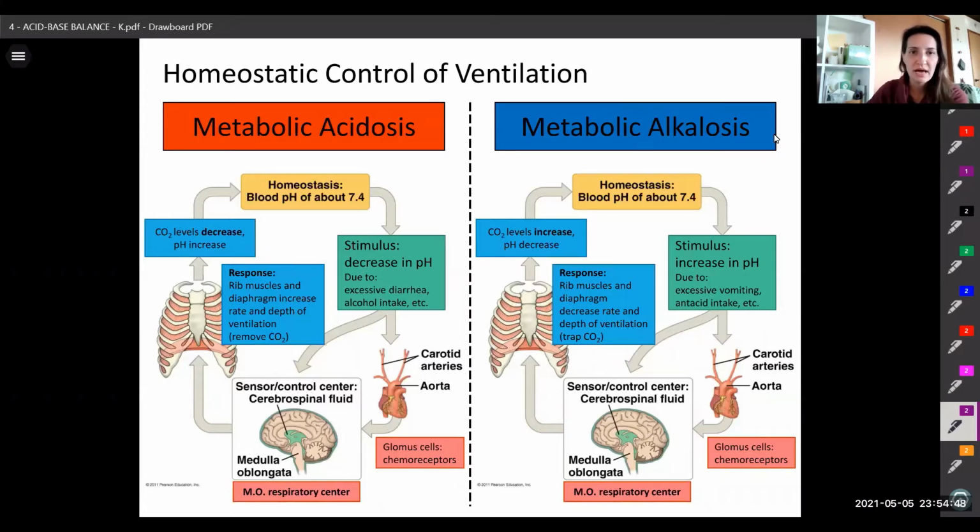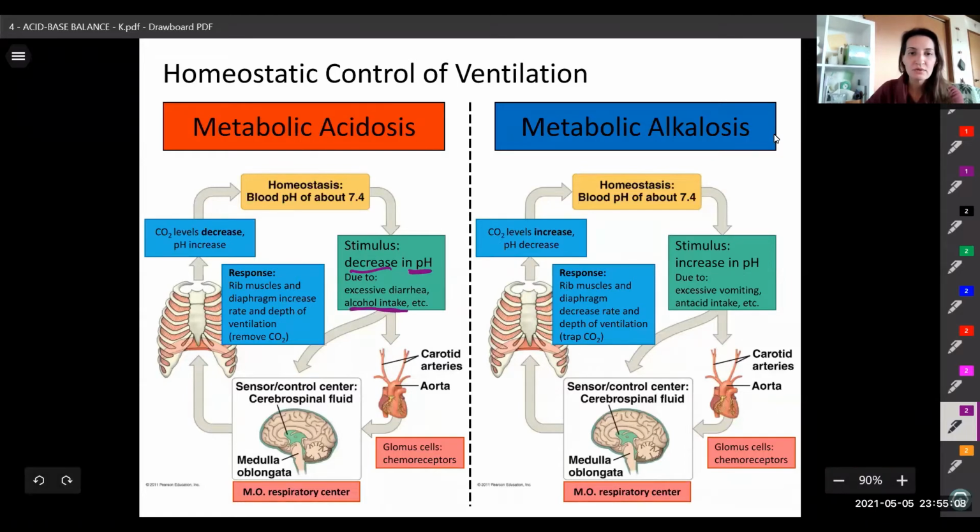So let's start with acidosis, where we have a decrease in pH. If this is a metabolic problem, some possible causes here would be excessive diarrhea. That would remove bicarbonate from the body at a very quick rate.